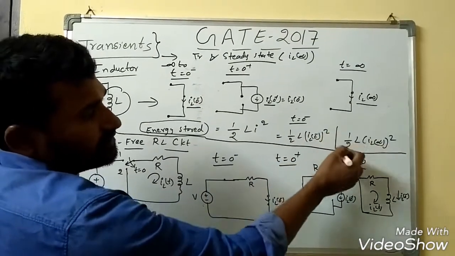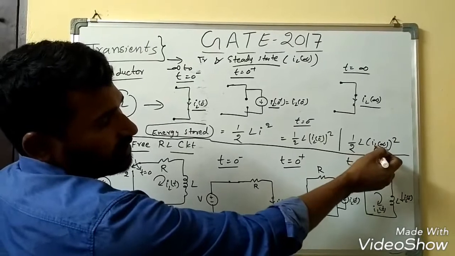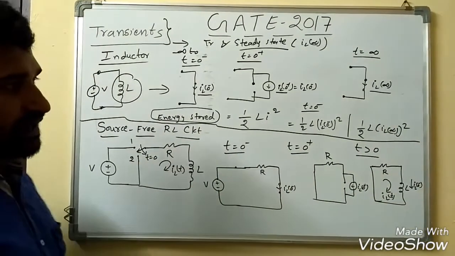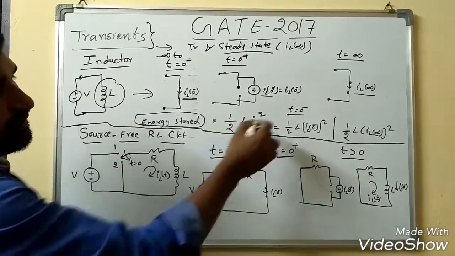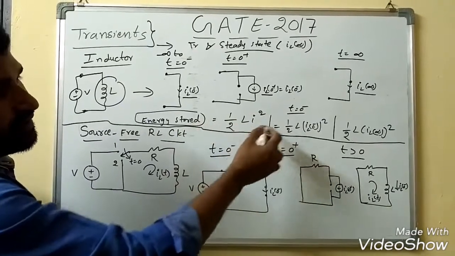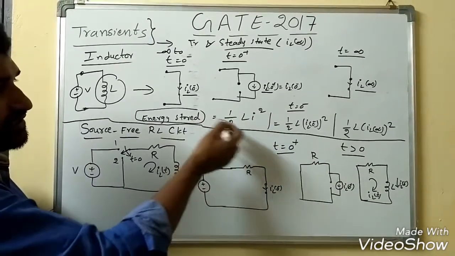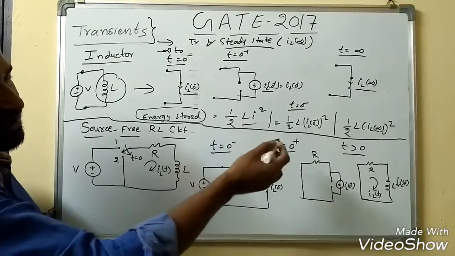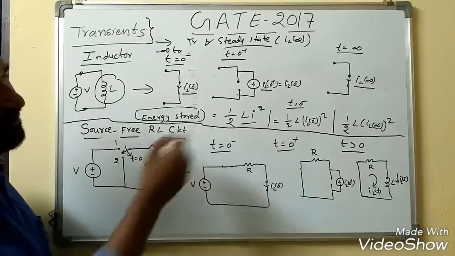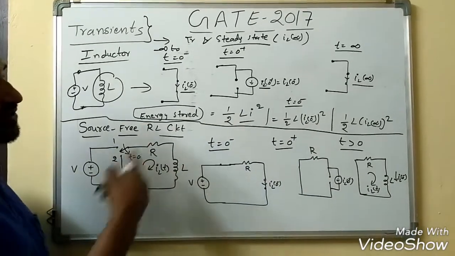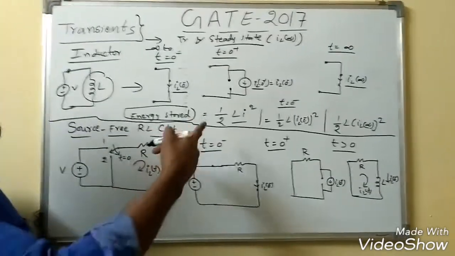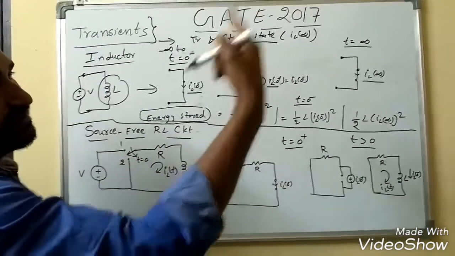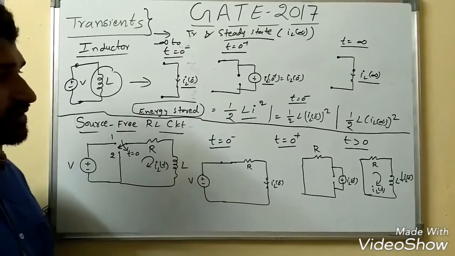At infinity, it is half into L into IL of infinity whole square. Because of time, I am not going into the in-depth analysis of how we got the energy stored as half Li square. You can remember half Li square is the energy stored in the inductor at an instant of time, whether it is 0 minus or infinity.